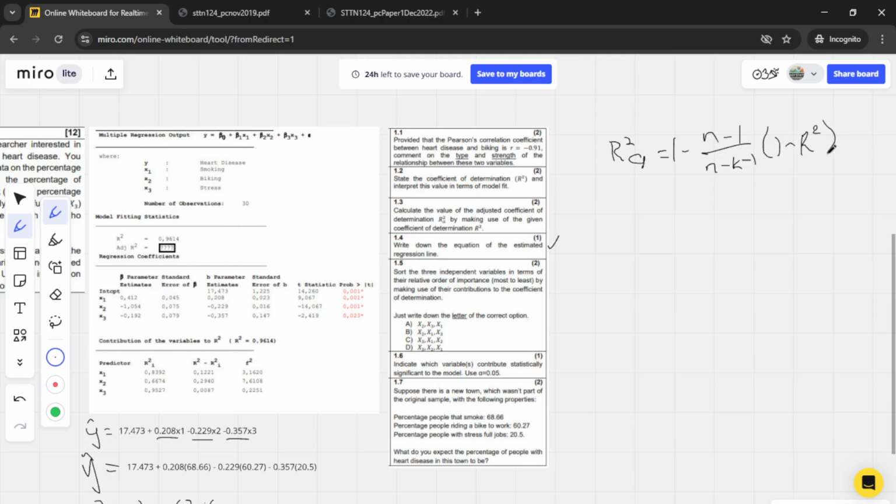Pardon me guys, I'm using my mouse to write because I don't have a writing tablet. I'm broke.